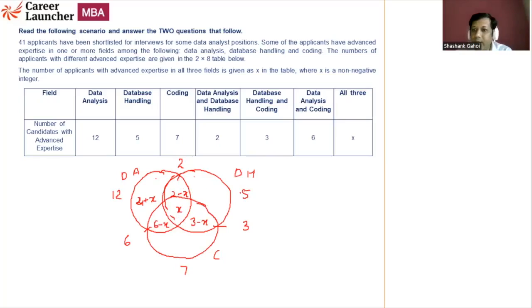So remaining is 3. And 3 minus X, it comes out to be X only. Now, this is 7. And this value is 6. So remaining is 1. 1 minus 3 minus X. So this comes out to be X minus 2.